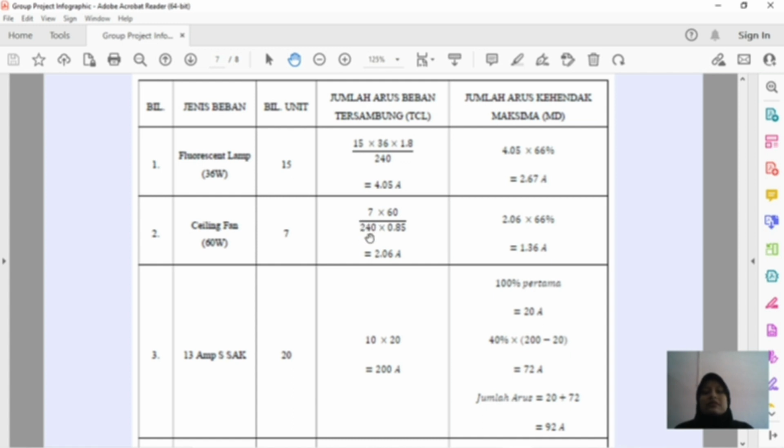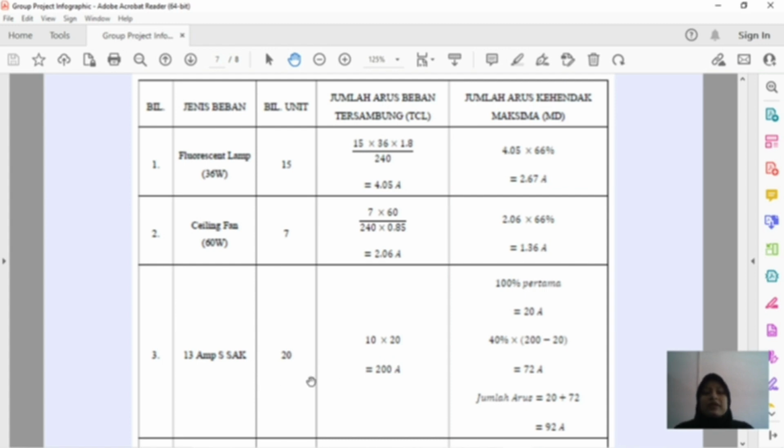Ceiling fan, 7 units times 60 divided by 240 times 0.85. The answer is 2.06 for TCL. 2.06 times 66%, MD is 1.36 A.